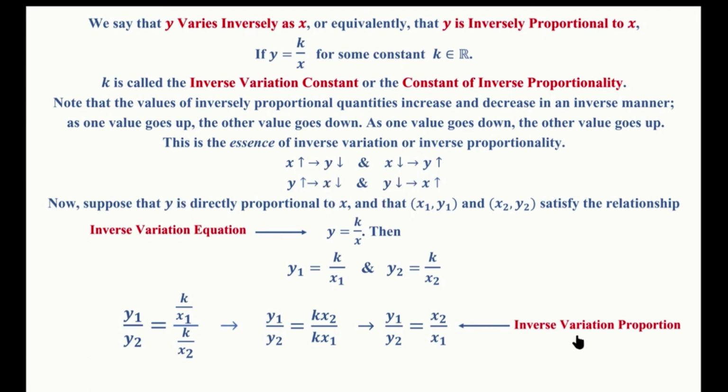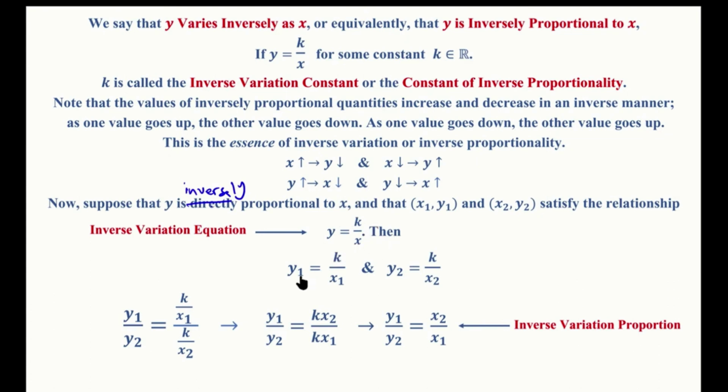Let's see if we can get the inverse variation proportion quickly. So we know that y is inversely proportional to x, and suppose these two ordered pairs satisfy the inverse proportionality equation.